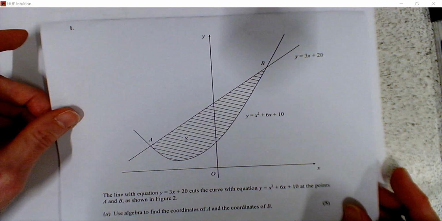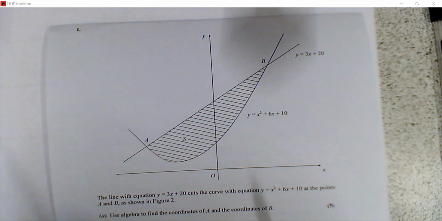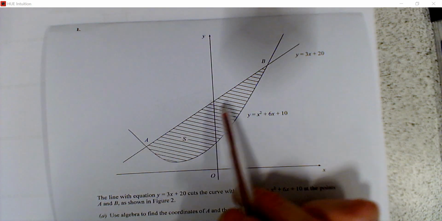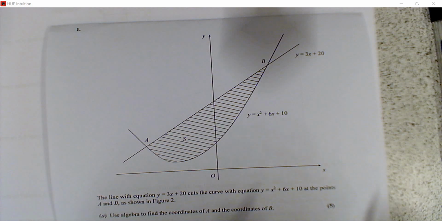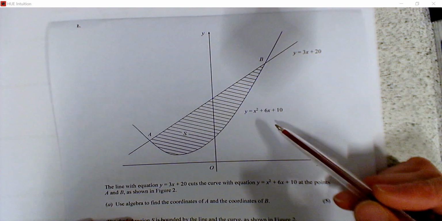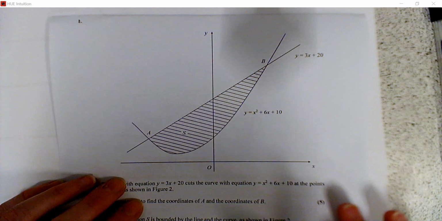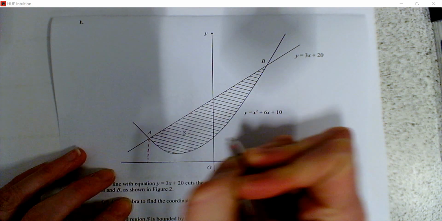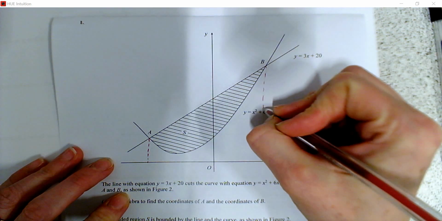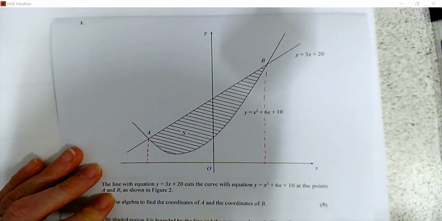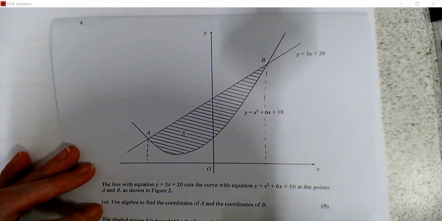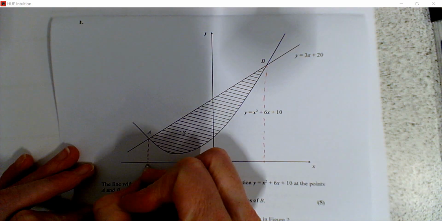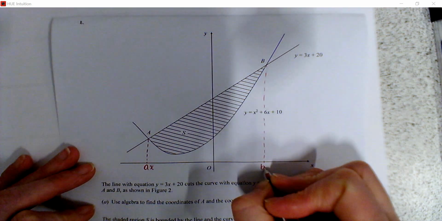And then the other fancy sort that we get are ones where we don't have a nice horizontal line or rectangle, but actually we've got a diagonal line here. Okay, now we're given the equation of this line and the equation of that line, and again it's floating in midair. But if we draw down to the x-axis, we know that this would be ax again, and this would be bx.